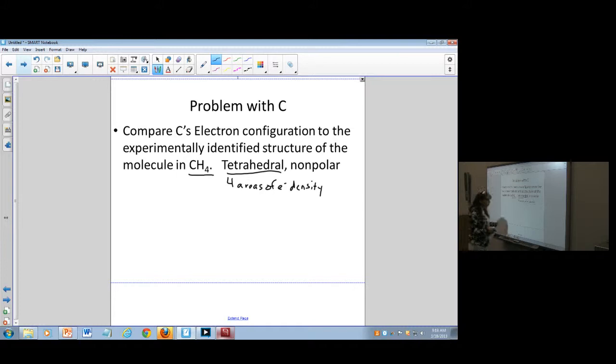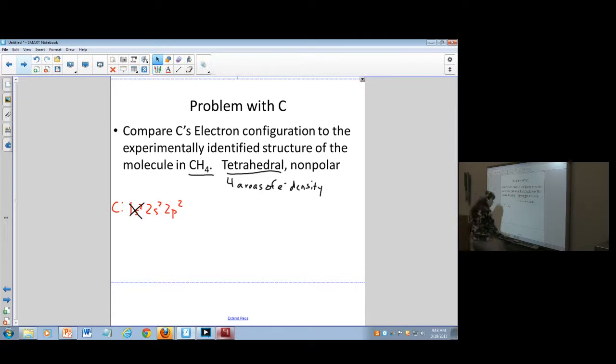So let's think about the electron configuration of carbon for a minute. The electron configuration of carbon is 1s2, 2s2, 2p2. Now, we don't really care about these 1s's because we're only interested in valence electrons right now.